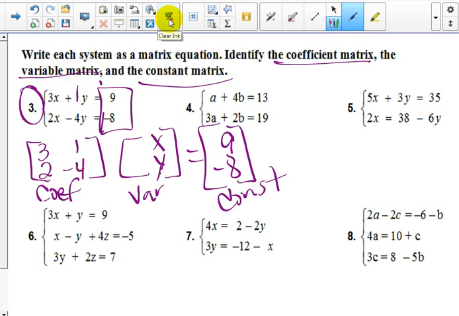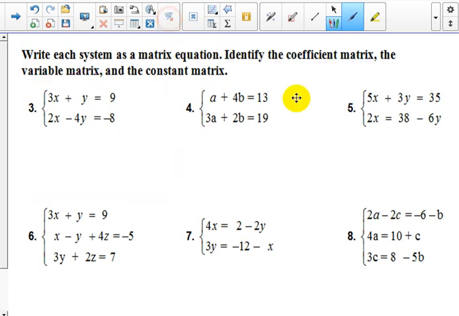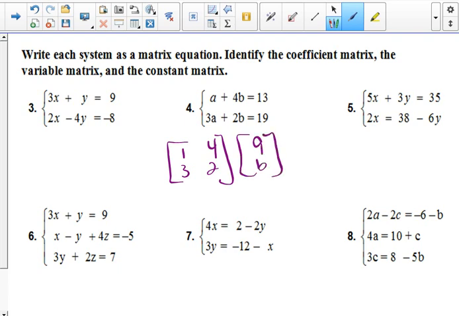All right, now work number 4. Okay, and you should be done or close to done. That's an A, not a 9.